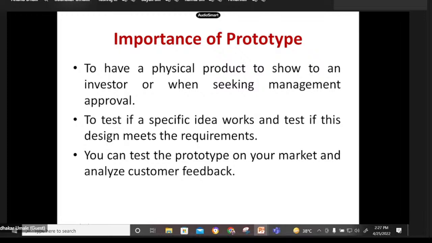Second importance is to test if a specific idea works and test if this design meets the requirements. After making the prototype, the prototype is tested with specific ideas. If these specific ideas match with the design, then you can say the requirements are fulfilled. You can test the prototype on your market and analyze customer feedback.